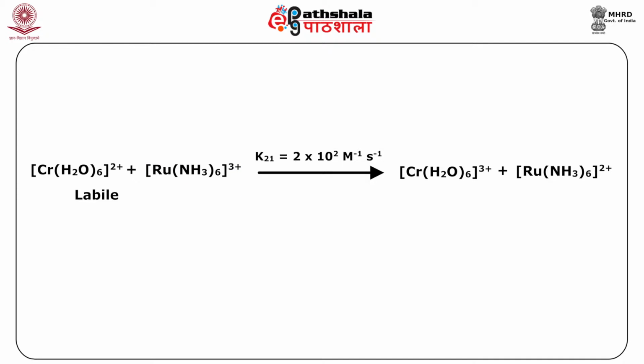After electron transfer, they lead to the formation of a chromium 3 plus aqua complex and a ruthenium 2 plus ammine complex. Although chromium is getting stabilized by forming the chromium 3 species, ruthenium is going to be destabilized, as d6 systems seldom go for d5 configuration, especially for the d4 and d5 series.